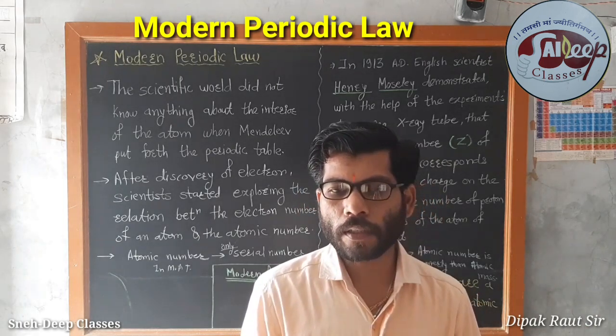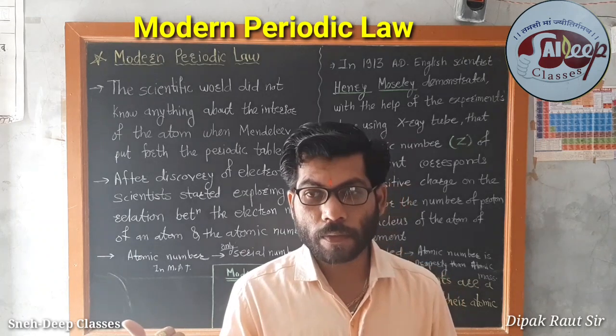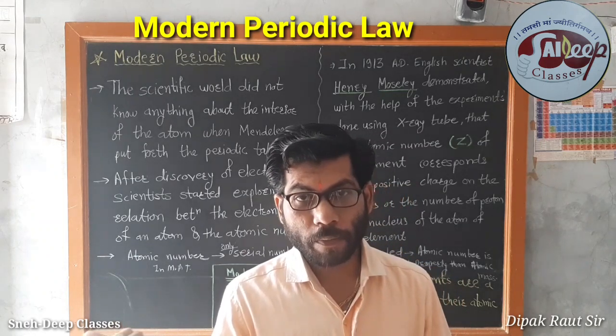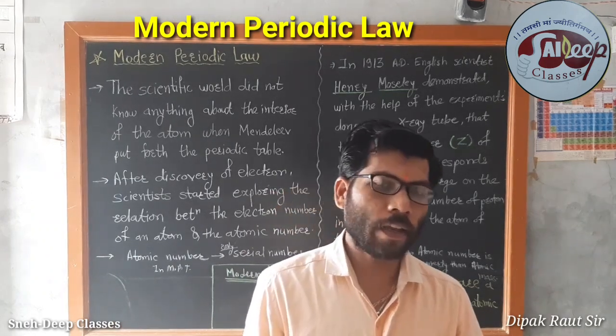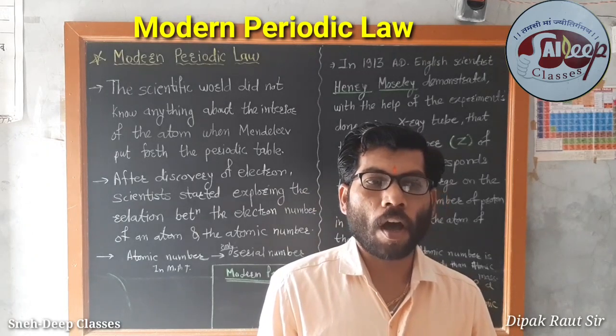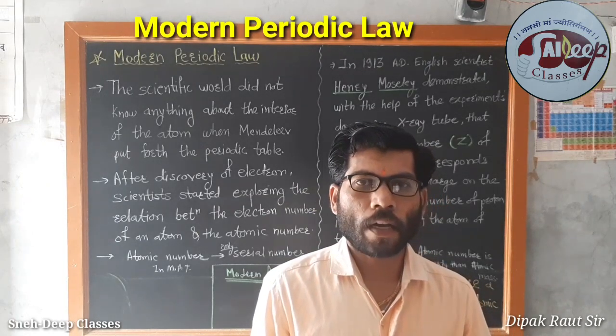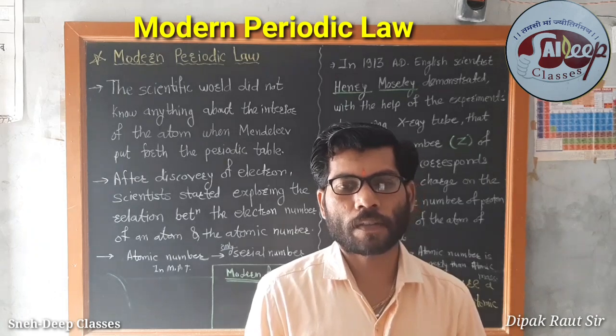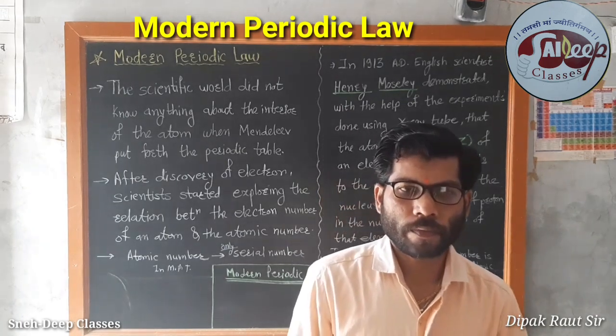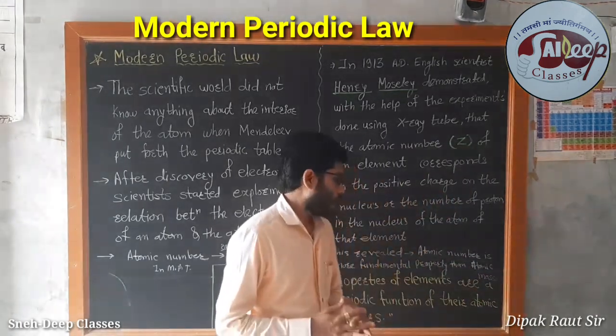What is the difference? In Mendeleev's it is atomic masses, and in the modern periodic law, atomic numbers. This is the main difference.